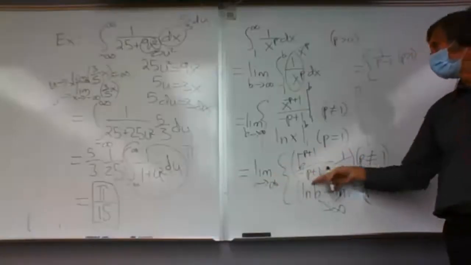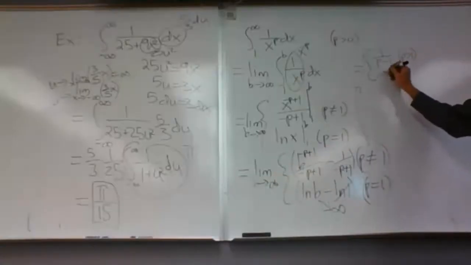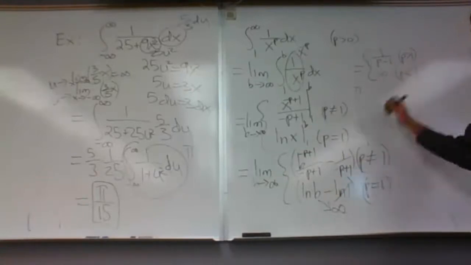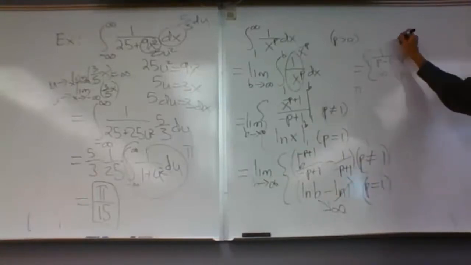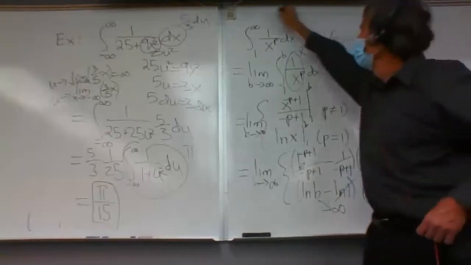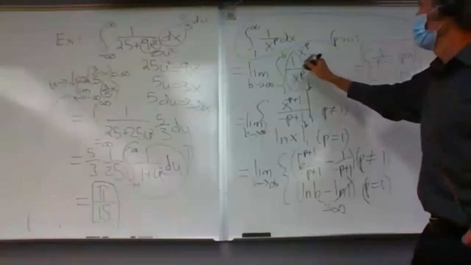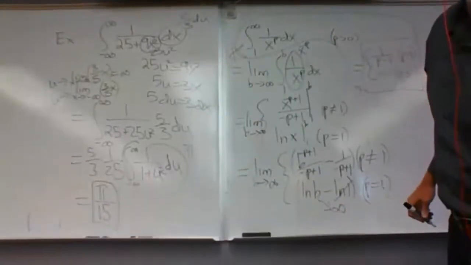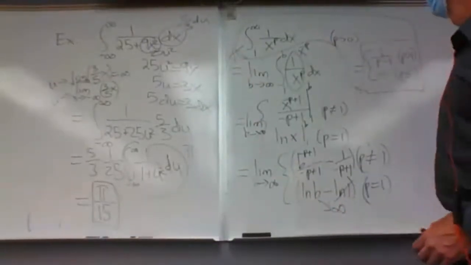This goes to infinity. And so you get divergence for p less than 1. This is the intuition rule for the whole section. That's a very important concept.